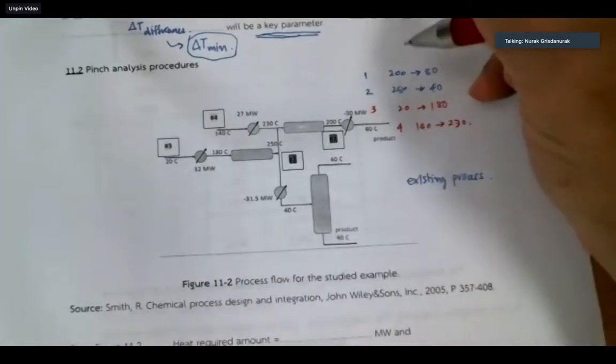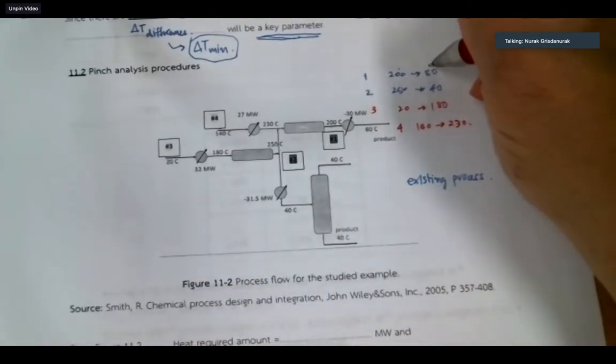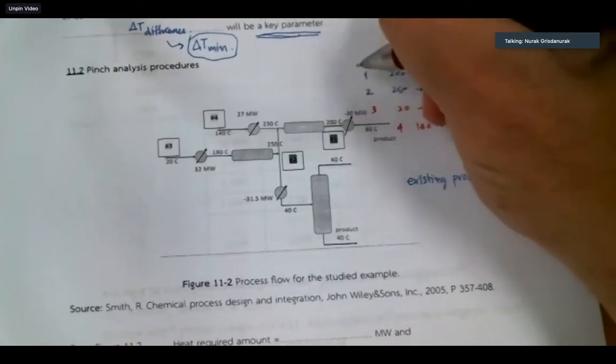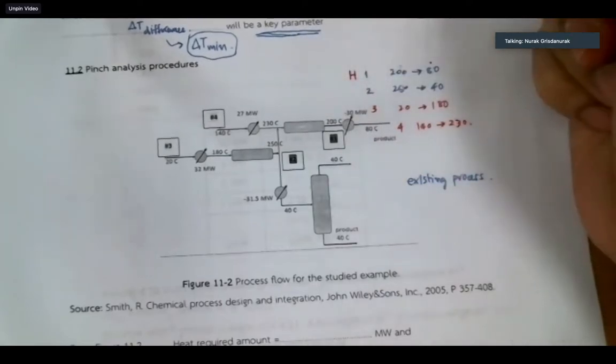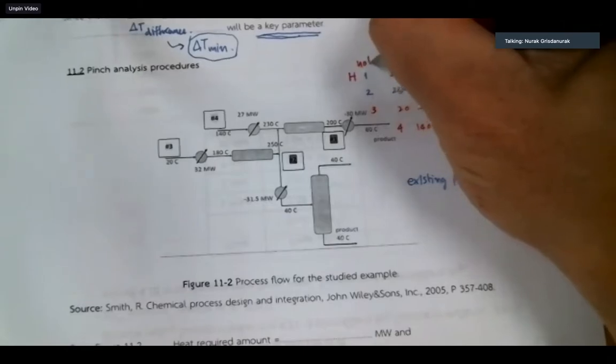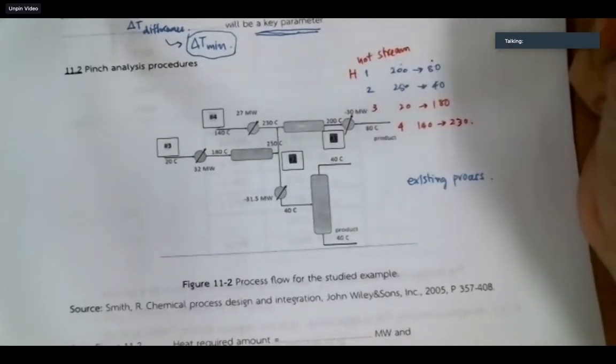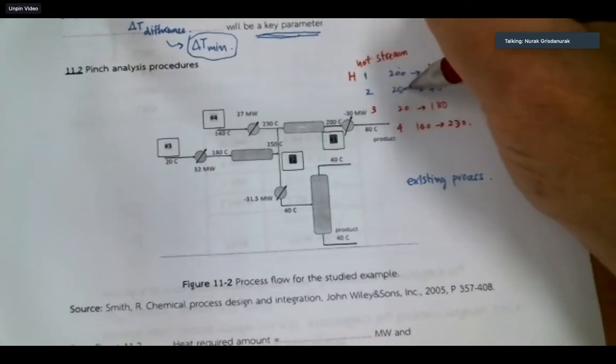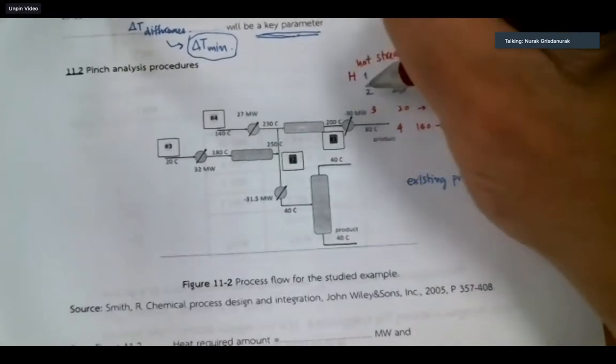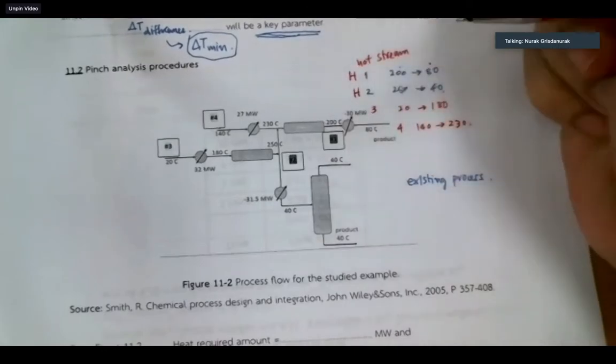define. When you go from high temperature to low temperature, we call that a hot stream. So we call number 2 high to low, a hot stream.